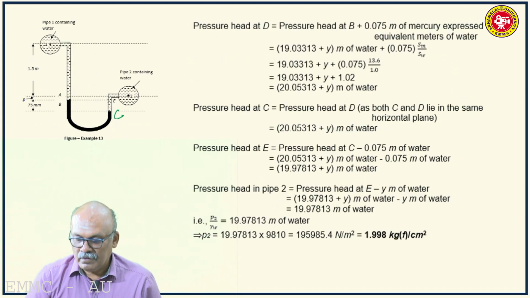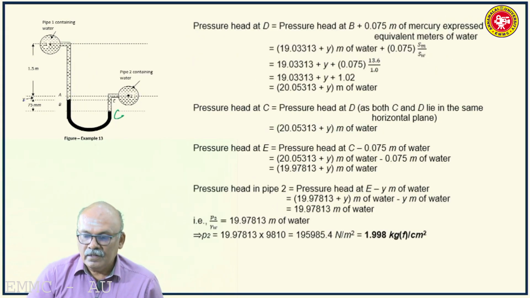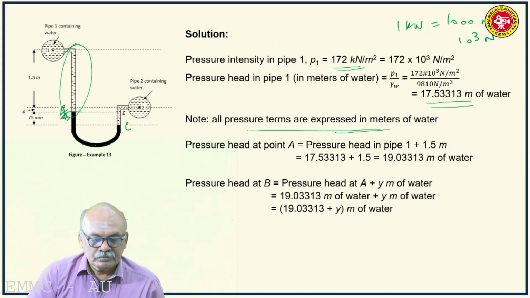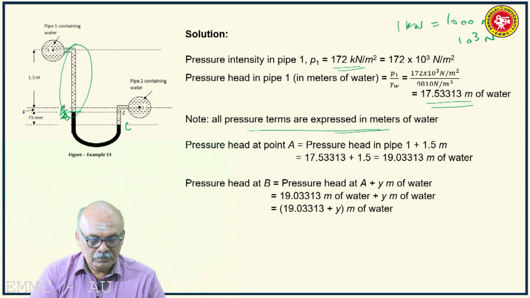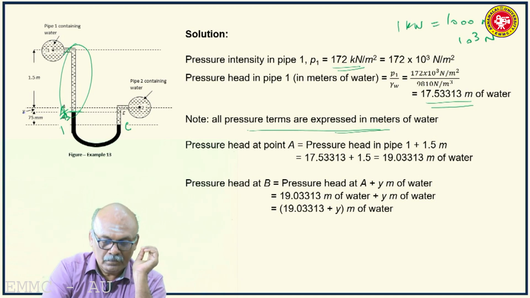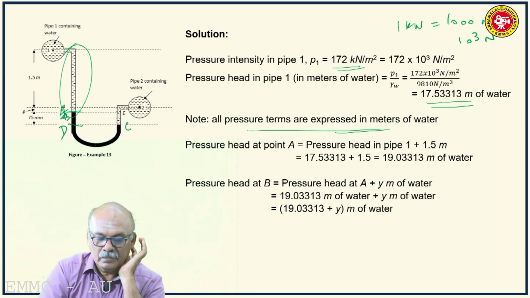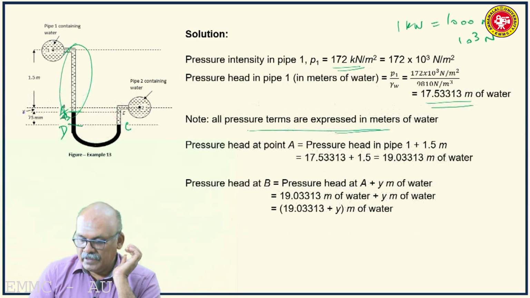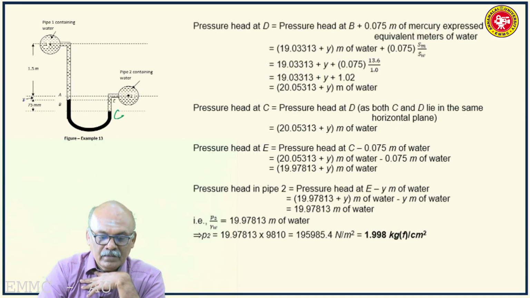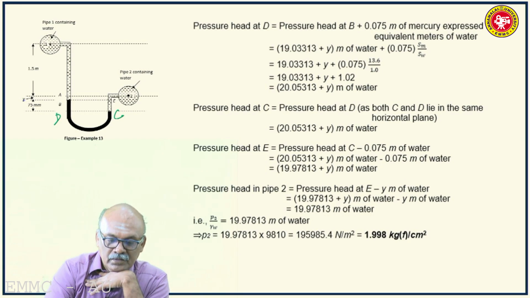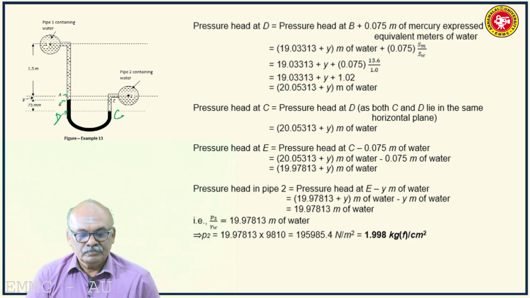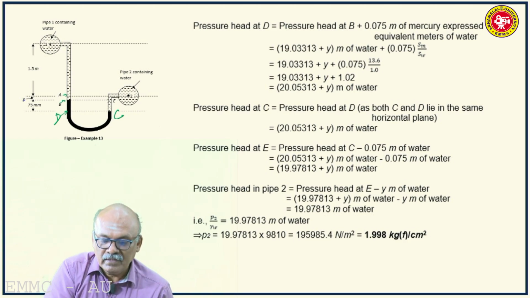Okay. Then pressure at D. D is here. So, pressure at D will be pressure at B. This is D. This is B. This is A and this is D. So, A is a point which is in line with the center line of pipe 2.